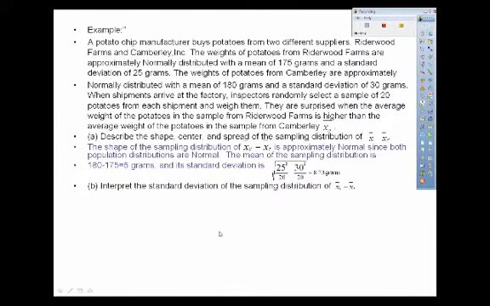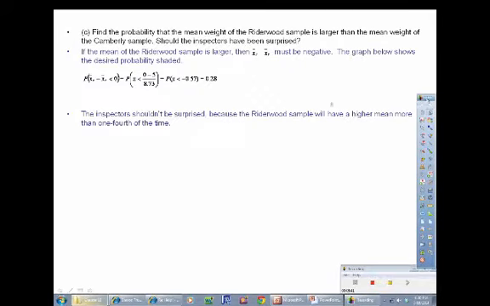Interpret the standard deviation of the sampling distribution of x bar sub C minus x bar sub R. Find the probability that the mean weight of the Ryder sample is larger than the mean weight of the Camberley sample, and should the inspectors have been surprised?